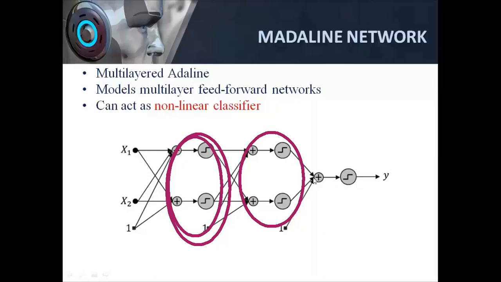So it is acting as a cascade of a number of adaptive linear models, and it is used to solve the classification of non-linear problems.